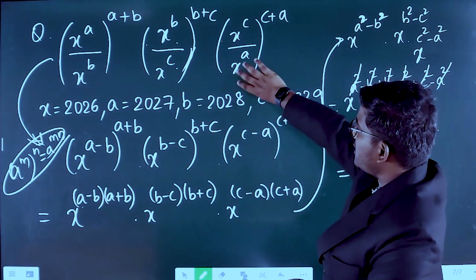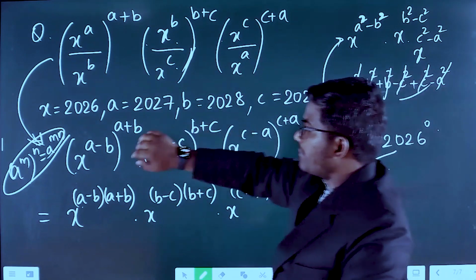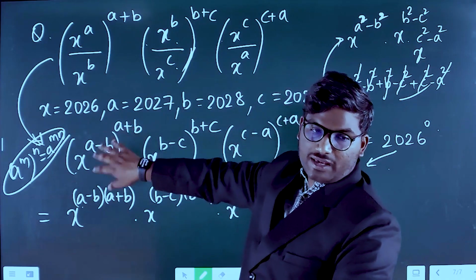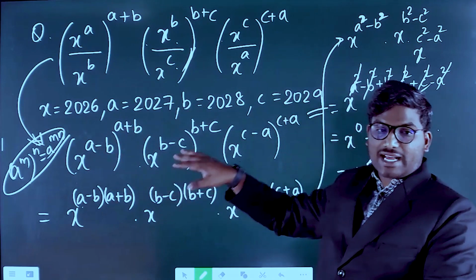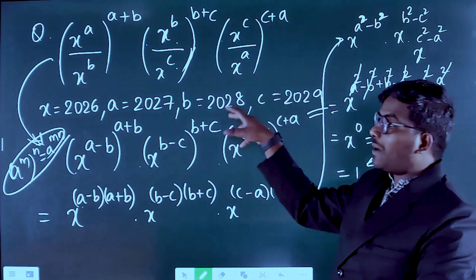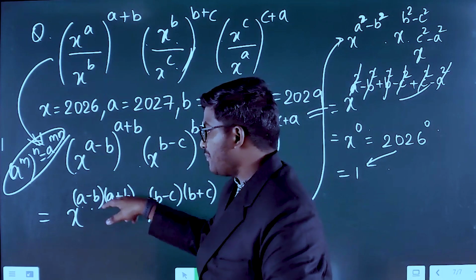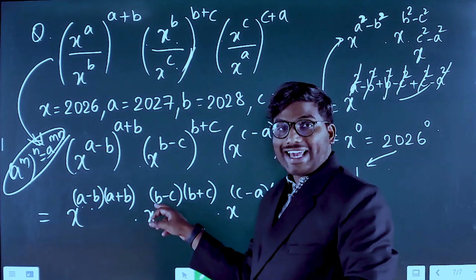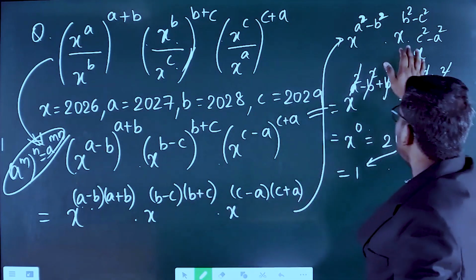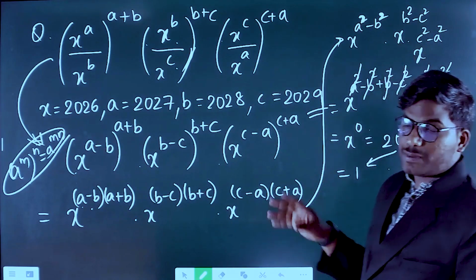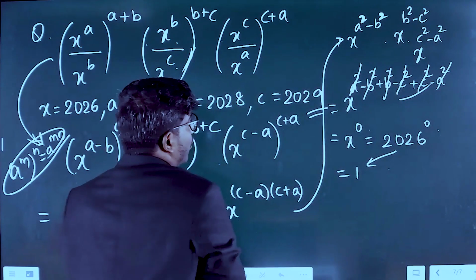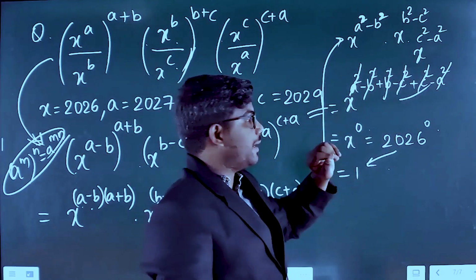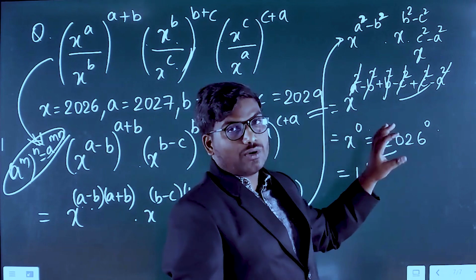Since this will be x power c minus a, it overall becomes x power a minus b whole power a plus b, which should be further considered as x power a minus b into a plus b, which is x power a square minus b square. Similarly, this will be x power b square minus c square, and the following shall be x power c square minus a square. Overall, all of the terms are going to get cancelled in the exponent, and it will be x power 0, which is 1.